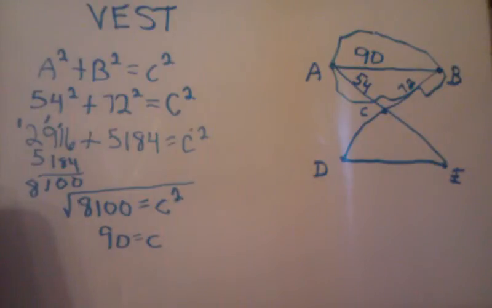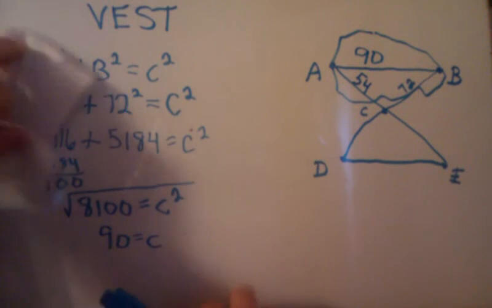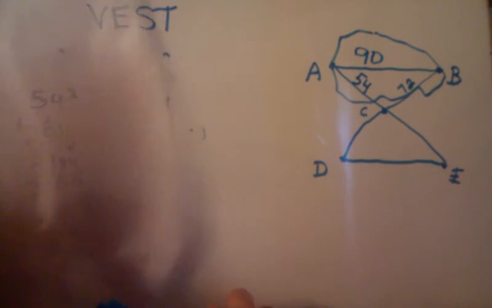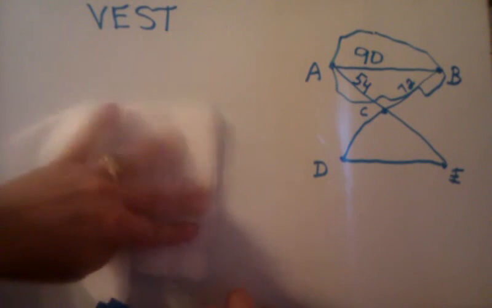Okay. Go ahead and click Show Problems. Number 1 is vocabulary. The sum of two angles is 180 degrees.